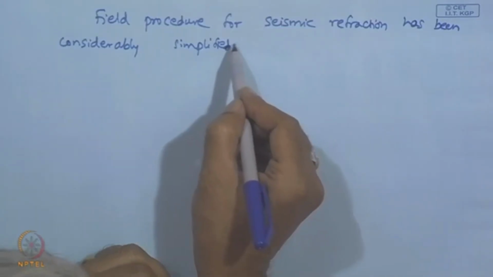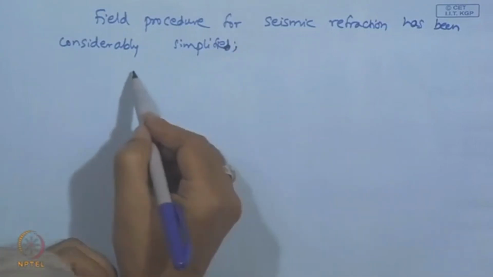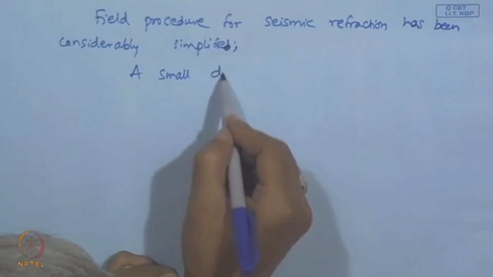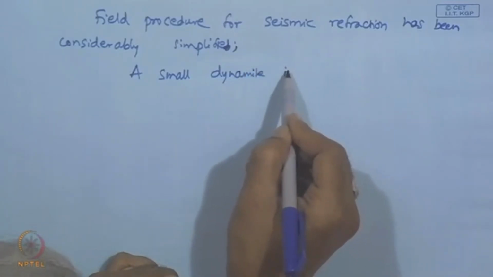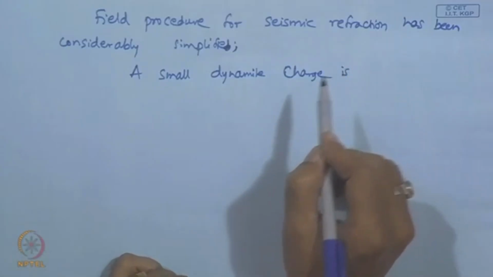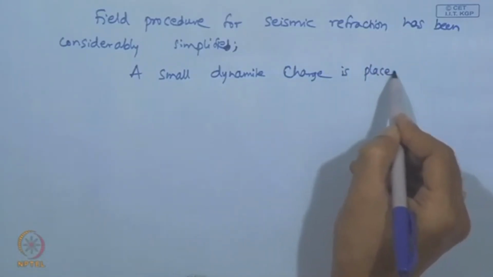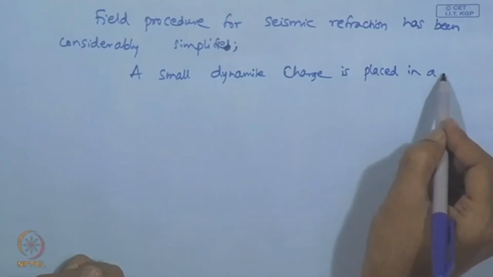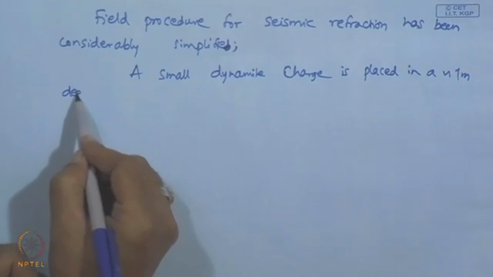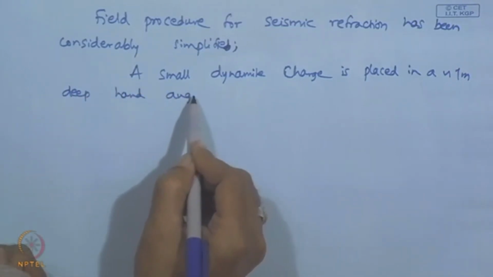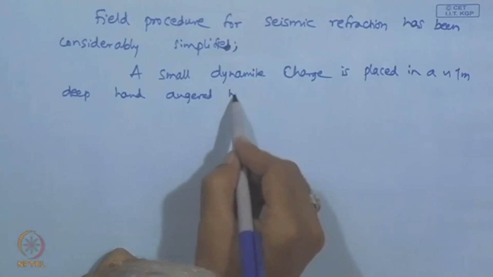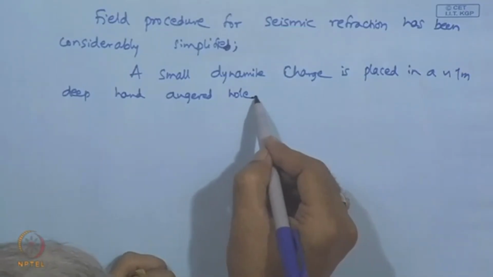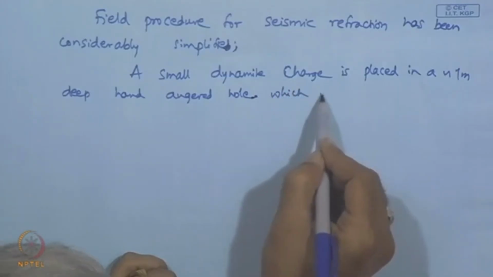Here a small dynamite charge is placed in an approximately 1 meter deep hand augured hole, which is backfilled, which is filled again.